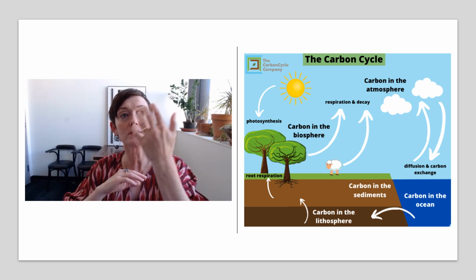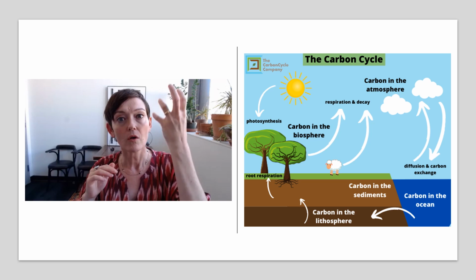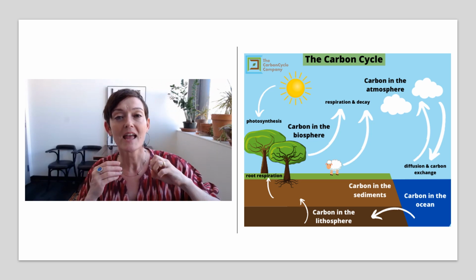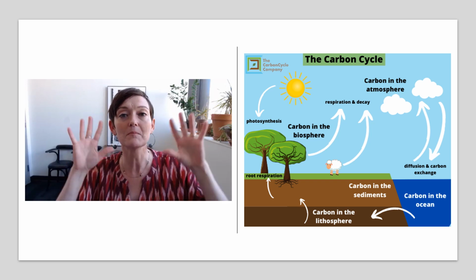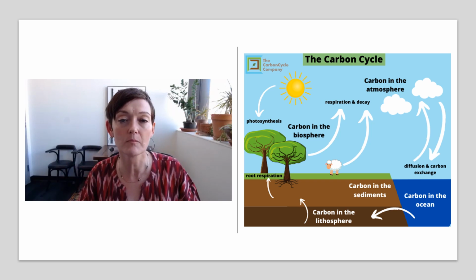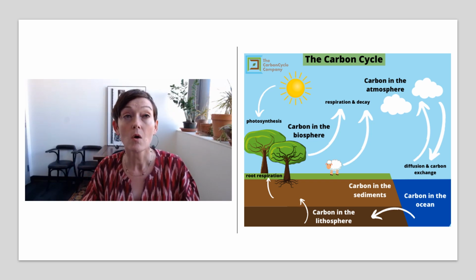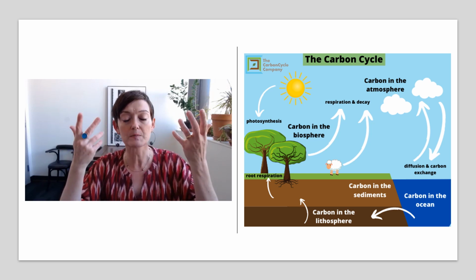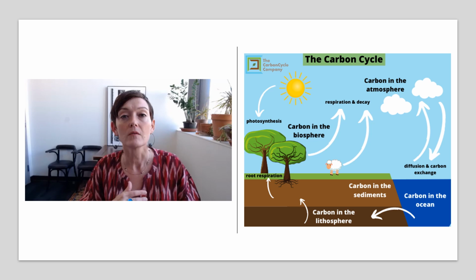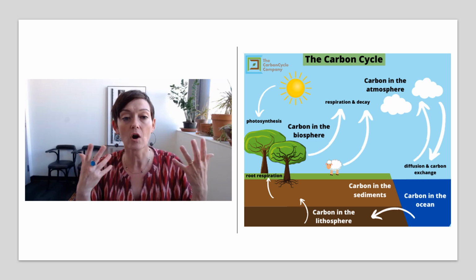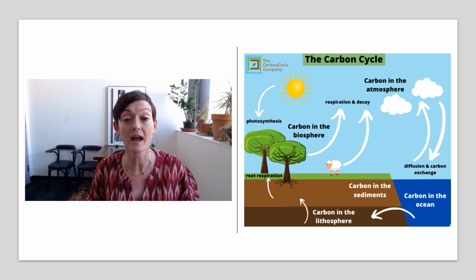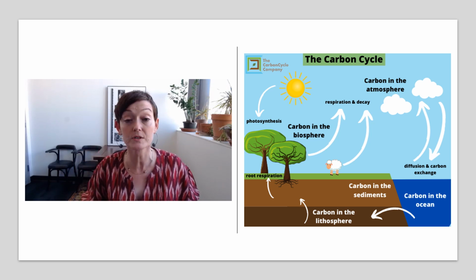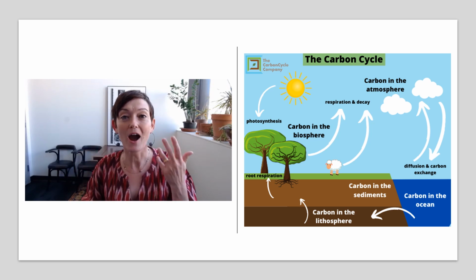So there's this constant cycle of plants and animals pulling carbon out of the atmosphere, particularly plants, and then releasing it back when they decompose, or for animals, when they respirate, so when they breathe, the carbon goes back out. For plants, when they die, the carbon can be released back into the atmosphere. So that's a normal part of a healthy planet. It's important to understand that, to understand how tipping points work.